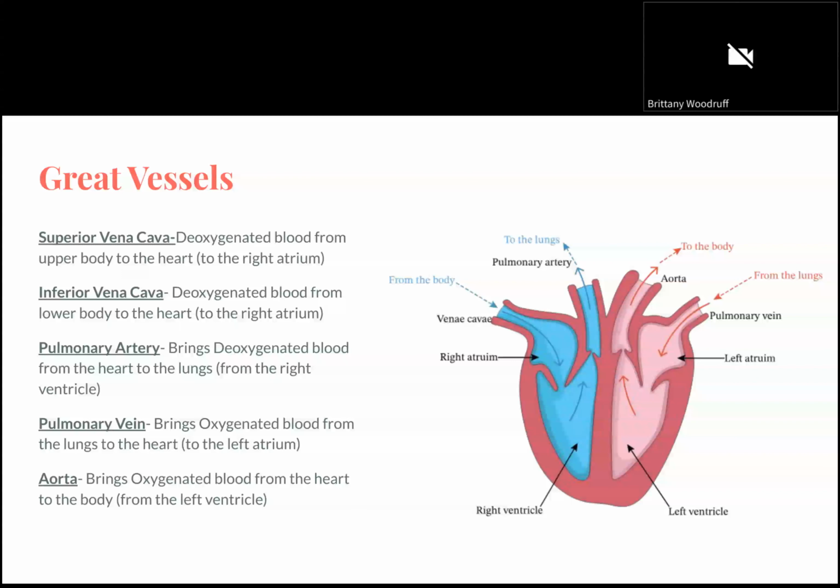Now, these are going to drain into the right side of your heart. The other thing to know about this diagram, and pretty much any diagram when it comes to blood circulation, is that blue is going to indicate deoxygenated blood.